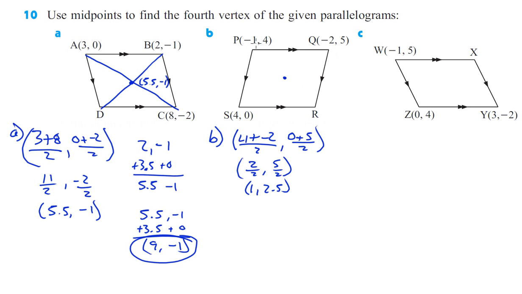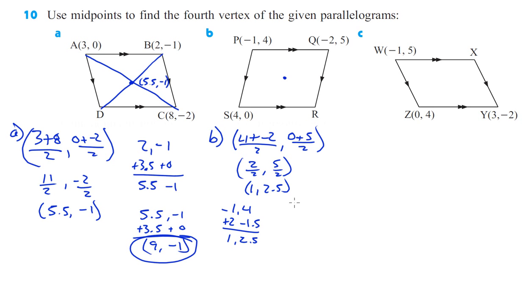So then we start with negative 1, 4. Okay, and think, what do we got to add to that to get to 1 and 2.5? So negative 1 plus 2 gives us 1, and then 4 minus 1.5 gives us 2.5.